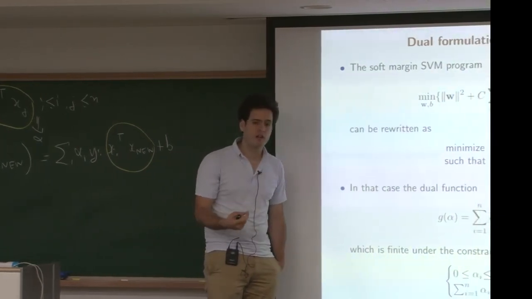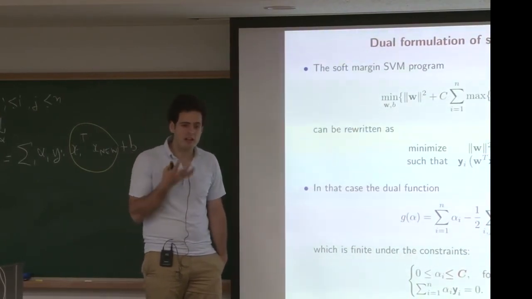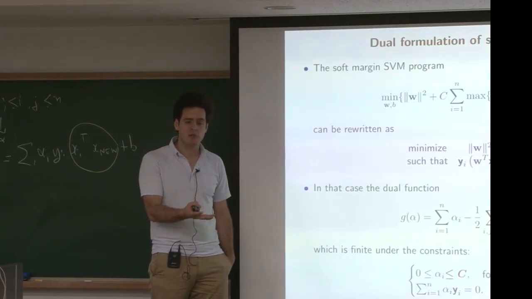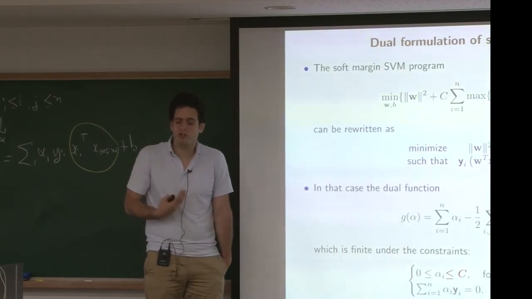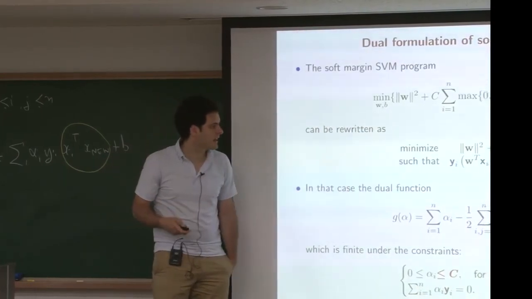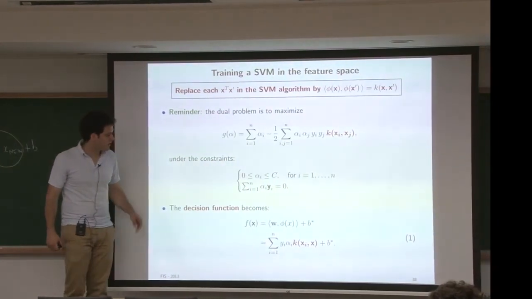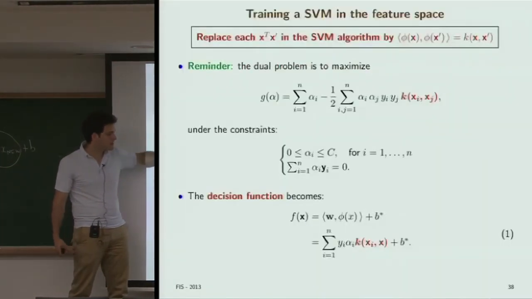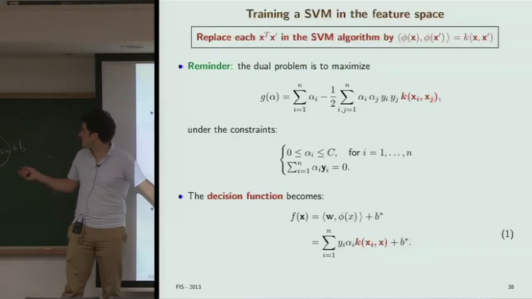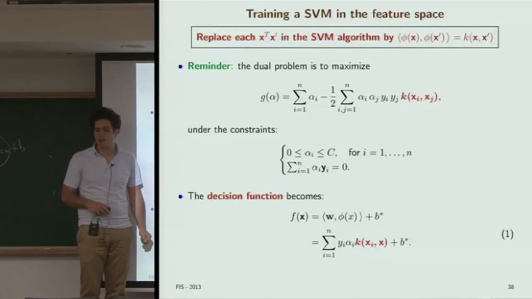So here is the idea of the so-called kernel trick. If the algorithm only has access to the data in terms of the dot product of xi to xj and of xi to a new point, then we can choose any dot product of our liking. That's the idea behind kernel methods in the support vector machine context. Let's substitute for those xi transpose xj any kernel function of xi and xj.